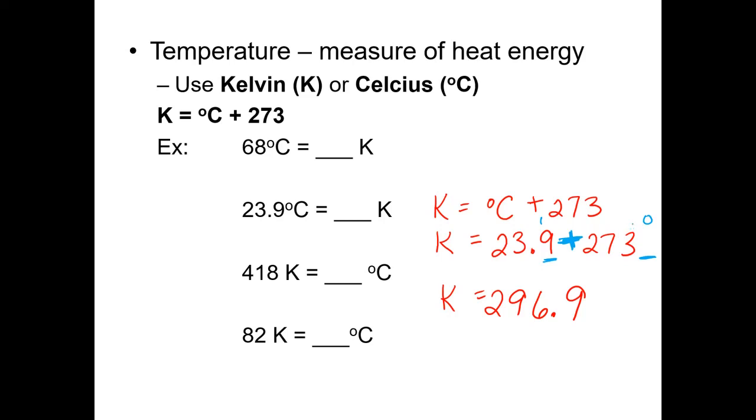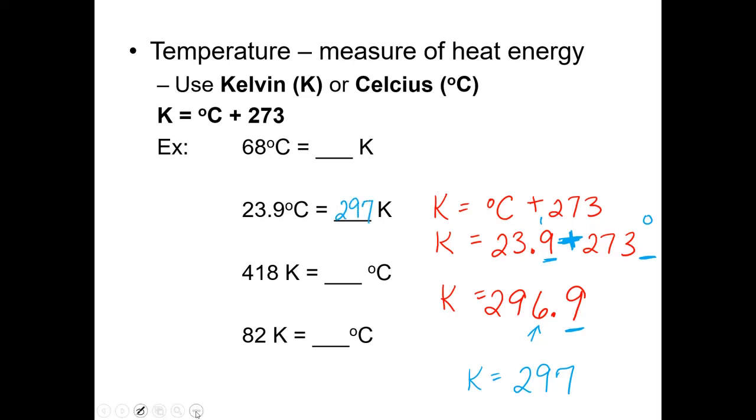You're going to round your final answer so you have the least of those past the decimal when you add and subtract. So that means I can't have anything past the decimal. So I've got to get rid of this 9. Since the 9 is 5 or greater, that's going to cause the 6 to round up when I drop the 9. So my final answer is going to be 297. Okay?